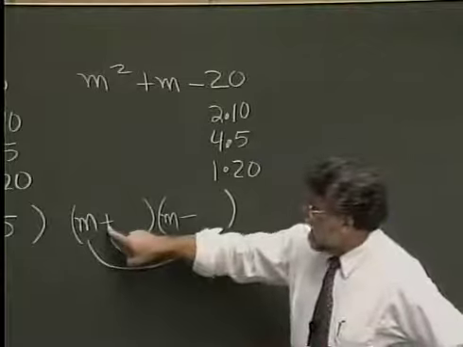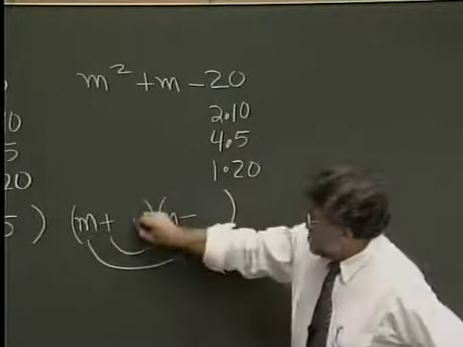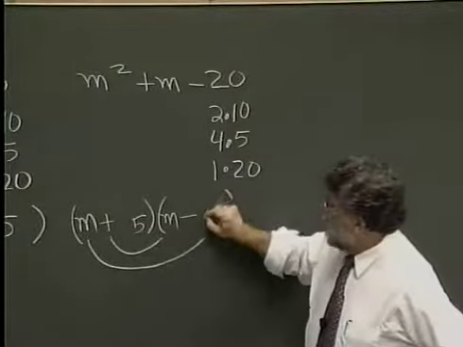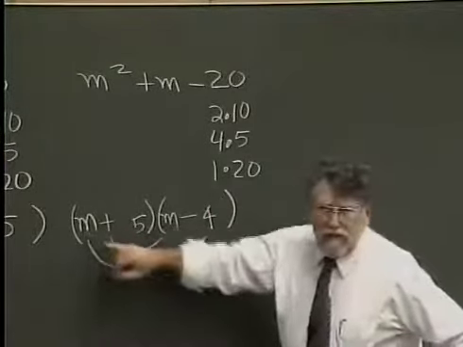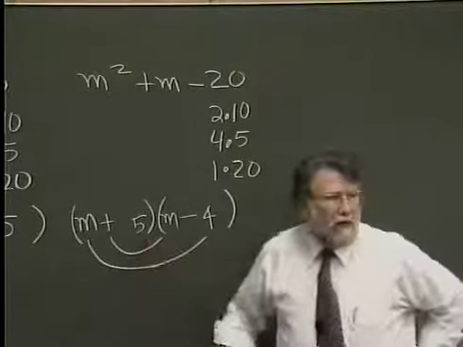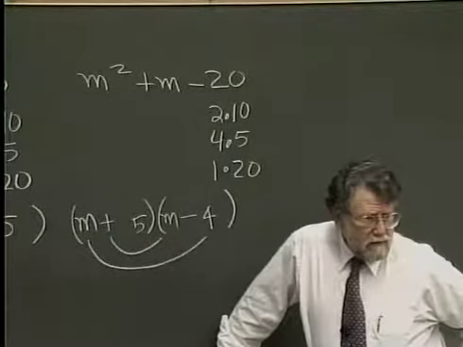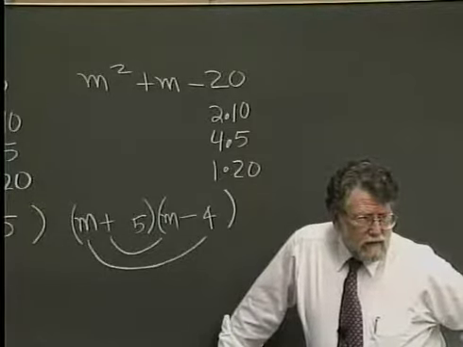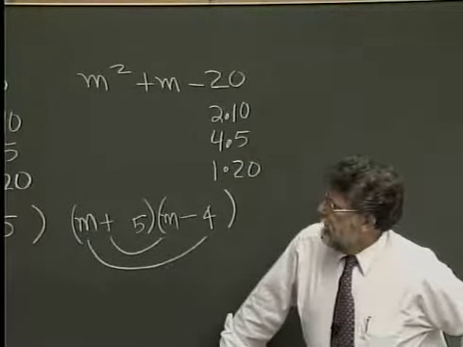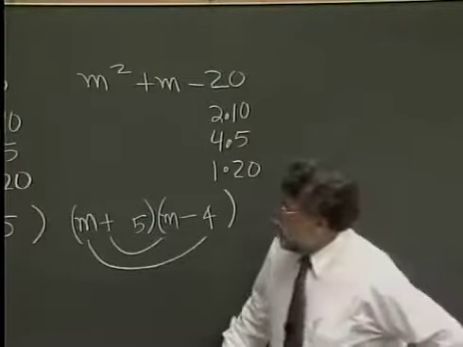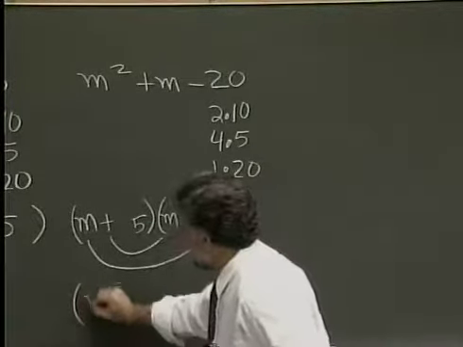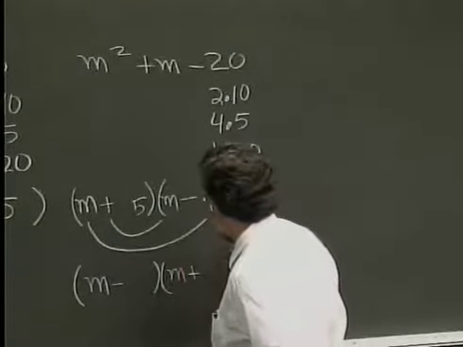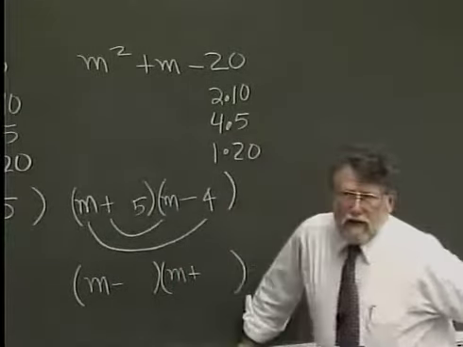So I need a plus 5 so that when I take 5 times m, that's positive, and my negative 4 gives me a negative 4m, the positive 5m, and I have my positive 1. Okay. Now what's clear is that I could, at the first step here, decided instead to put the minus sign first.